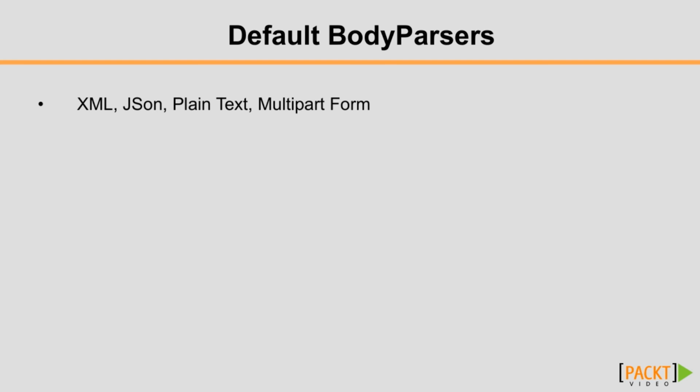Otherwise, we can explicitly say which body parser we want to use. The downside of body parsers is that they can only be created in Scala. So, if we want to create a new body parser, we can only do that in Scala because it intensively uses iteratees API, which is from Play Scala. And this is the most important thing to learn about body parsers.